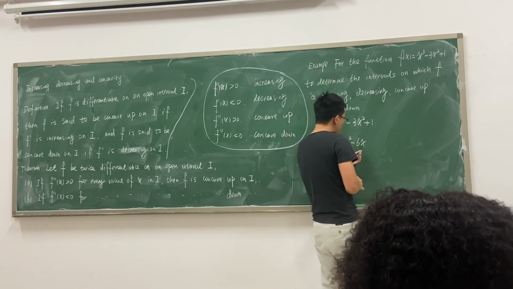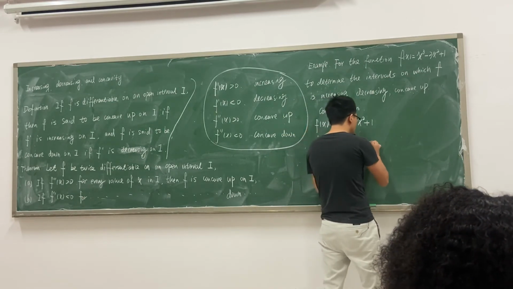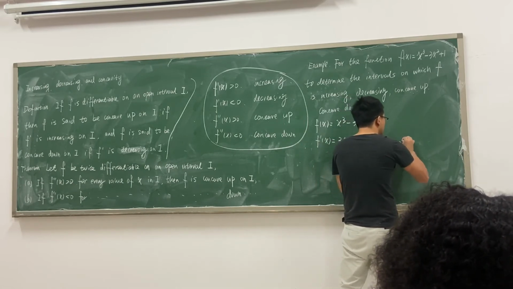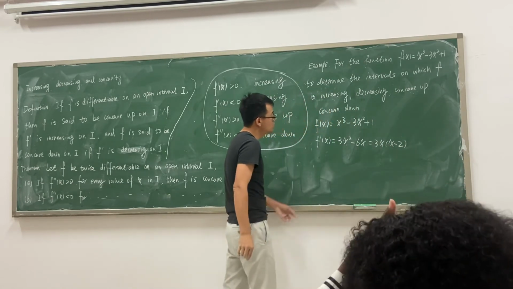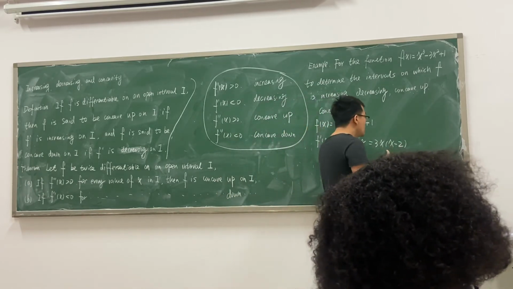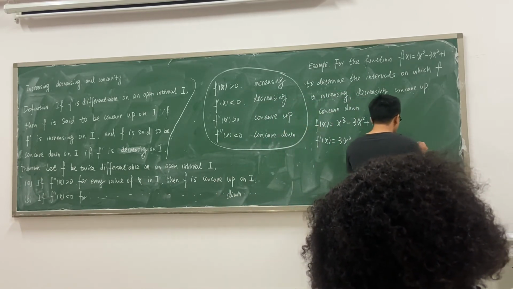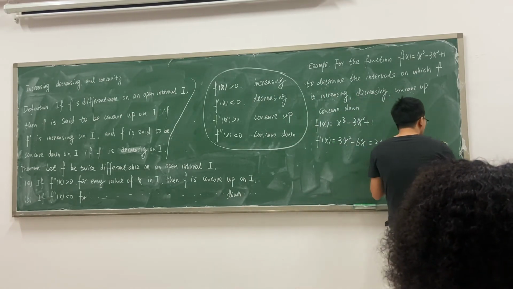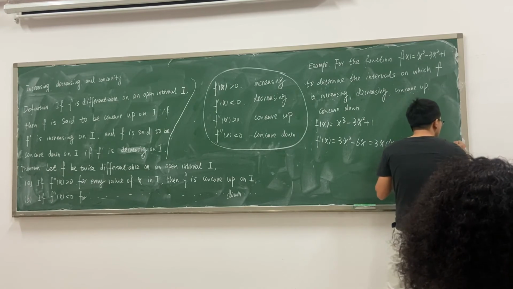We can take out 3x: 3x times (x minus 2). We let it equal 0, so x equals 0 or 2.